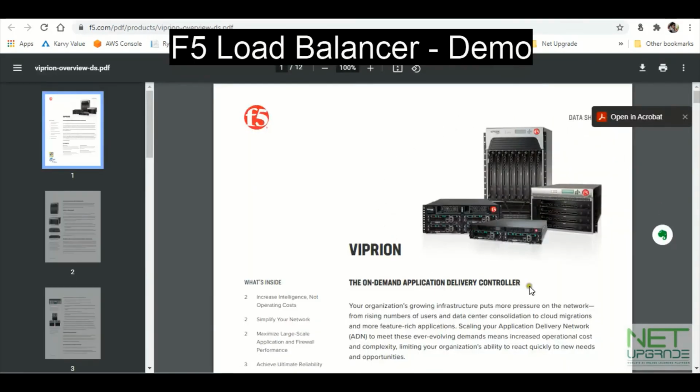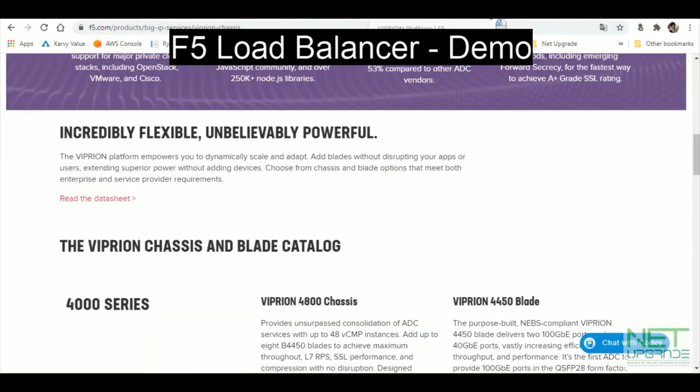So this is the F5 Viprion chassis, just like a multi-chassis switch. We have the vertical line card, the horizontal line card, and the full width blade or half width blade line card too. So this F5 chassis is available to us in all the variants.